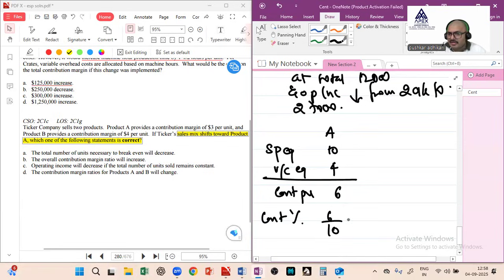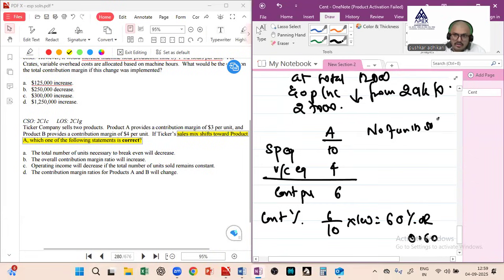It is 6 divided by 10 multiplied by 100, which is equal to 60% or 0.60. Now, the number of units sold can either increase or decrease. That will not impact the per unit metrics of this particular product. Per unit will stay the same.